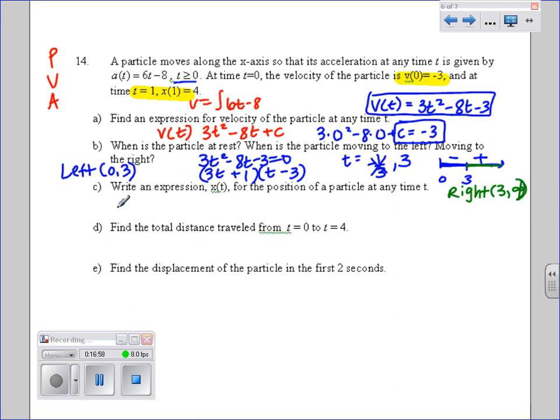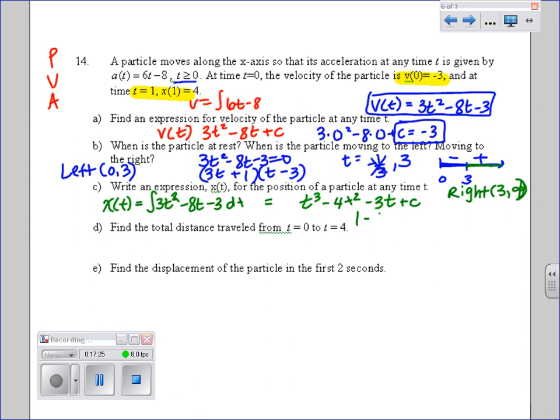Alright, x of t. X of t is going to be taking the antiderivative of velocity. So we get t cubed minus 4t squared minus 3t plus c. We have to plug in 1, and we get 4 when we do that.